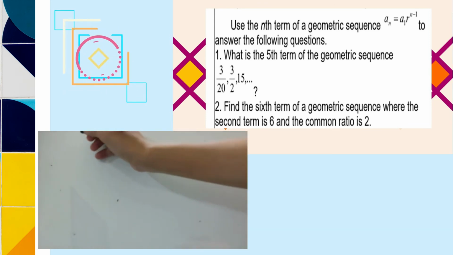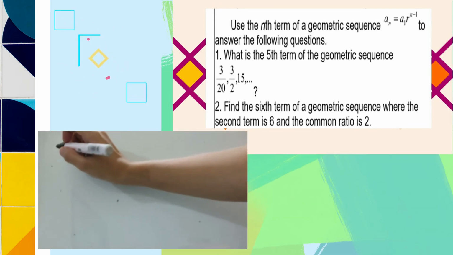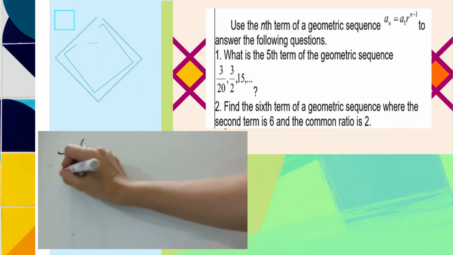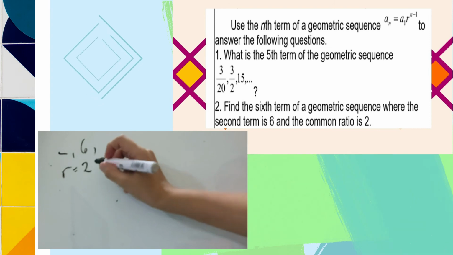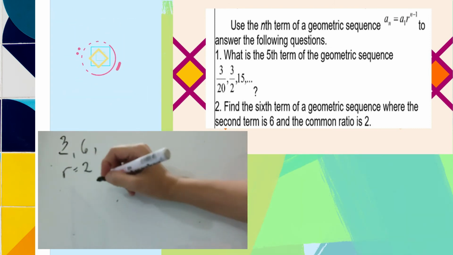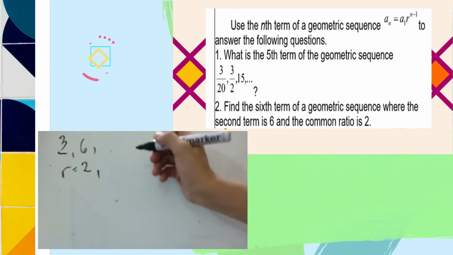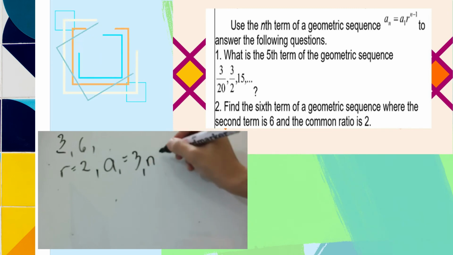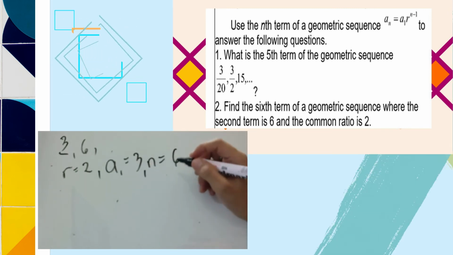Okay, so we're going to find the sixth term of a geometric sequence where the second term is 6 and the common ratio is 2. We don't know the first term. So 6 divided by 2 is 3. 3 times 2 is 6. So your first term is 3. We're looking for the 6th term.